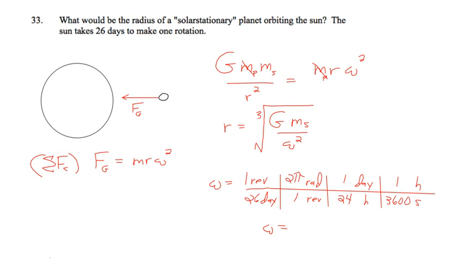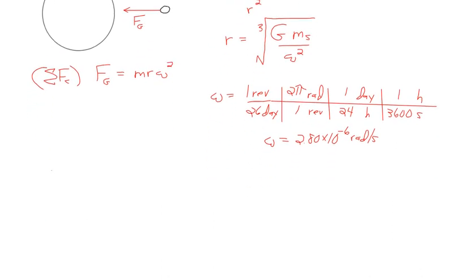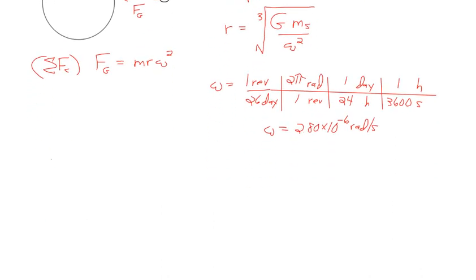So if you work that out, what do you get? 2.80 times 10 to the negative 6 radians per second. So now I've got all the numbers I need to calculate the R. So let's go up a little bit here. I'll do it over here.